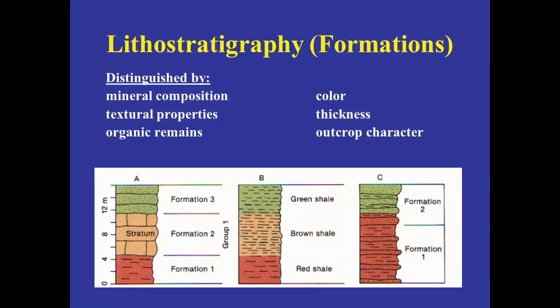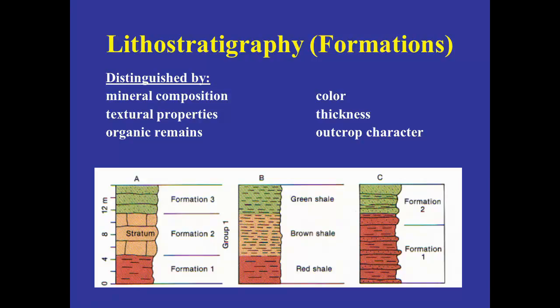But if we look at the middle sequence, we find that all of the rock units consist entirely of shales. And so we have to use some other factor in distinguishing the formations. In this case, the geologist grouped the red shale into Formation 1, the brown shale into Formation 2, and the green shale into Formation 3. So in this case, we're using color rather than lithology.